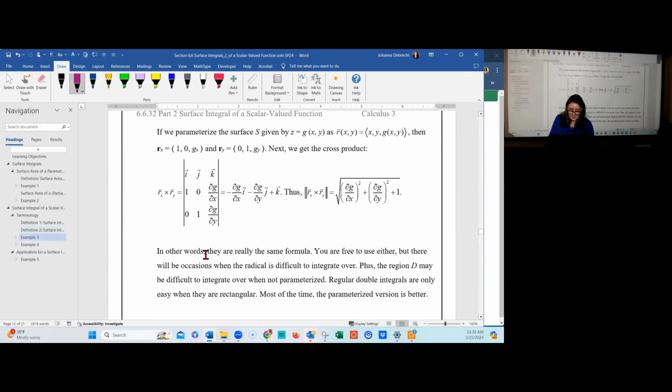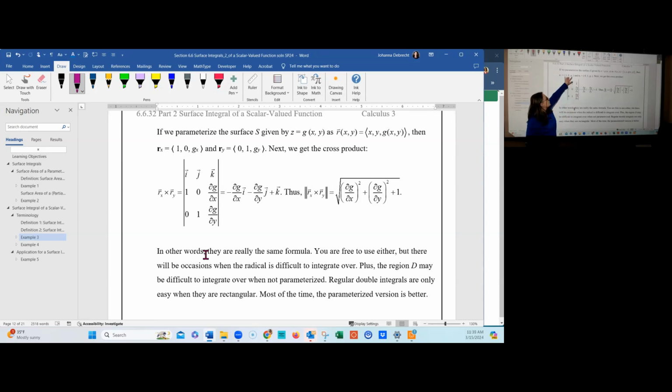So we're going to parameterize our surface as we've done before, but we're just going to use a straightforward one. We're projecting into the xy plane, so we have z equals some function of x and y. So we parameterize, allowing r of x and y to be x, y, and whatever that function is, z equal to x squared plus y squared minus 2x plus 13, something like that.